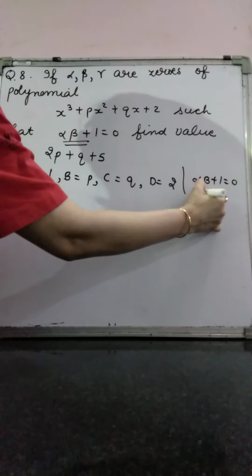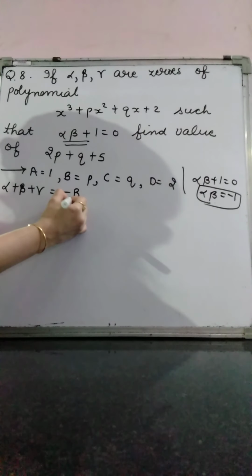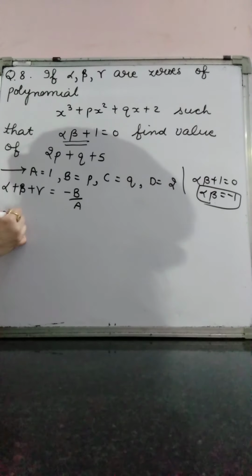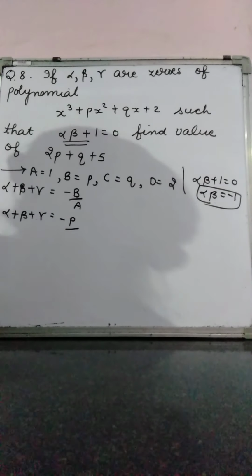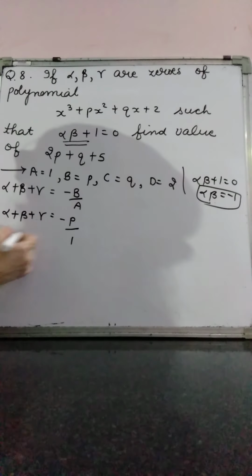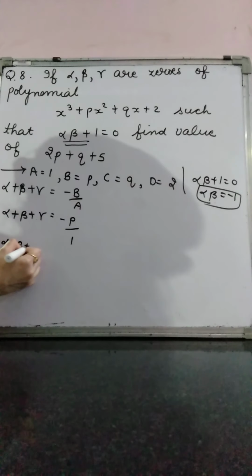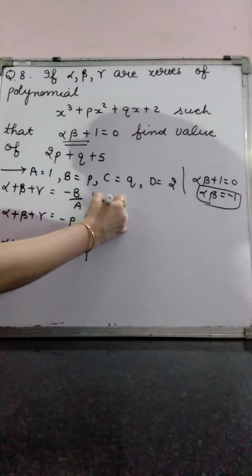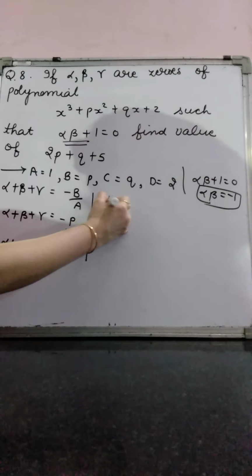Now apply the formula of sum of zeros. Alpha plus beta plus gamma is minus b by a. The value of b will be minus p and the value of a is 1. Now apply alpha beta gamma is minus d by a.